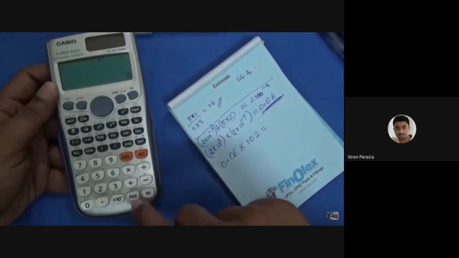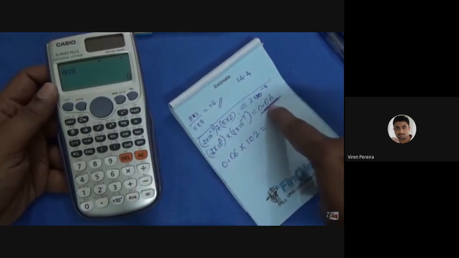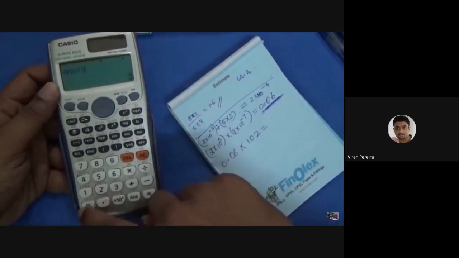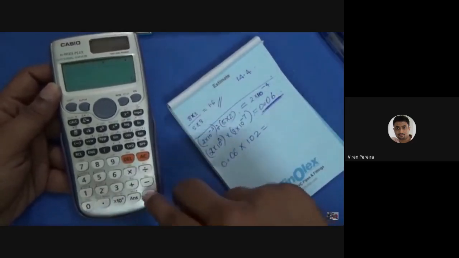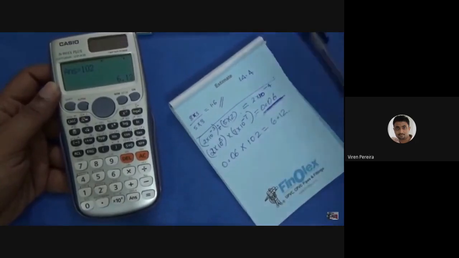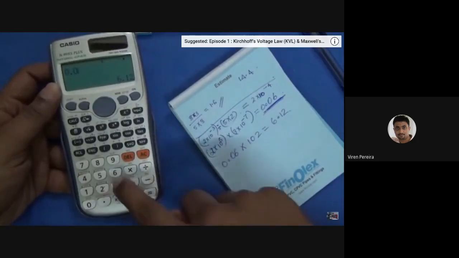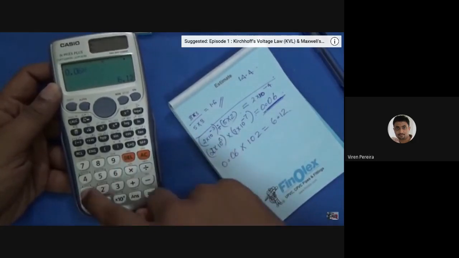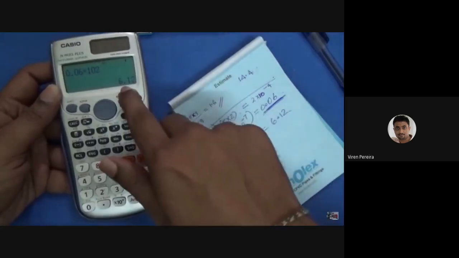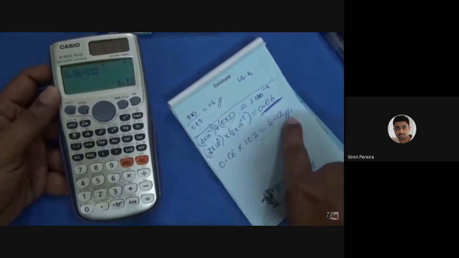So what I could do is I could just press answer, which would include this last substituted value, into 102. So I can get the value directly as 6.12. Let's recheck that in the manual way. 0.06 into 102. As you see, it is 6.12, which is the same answer what I got here.